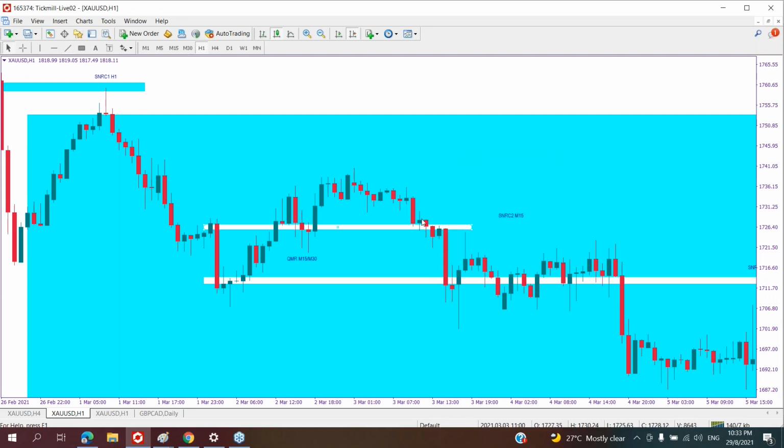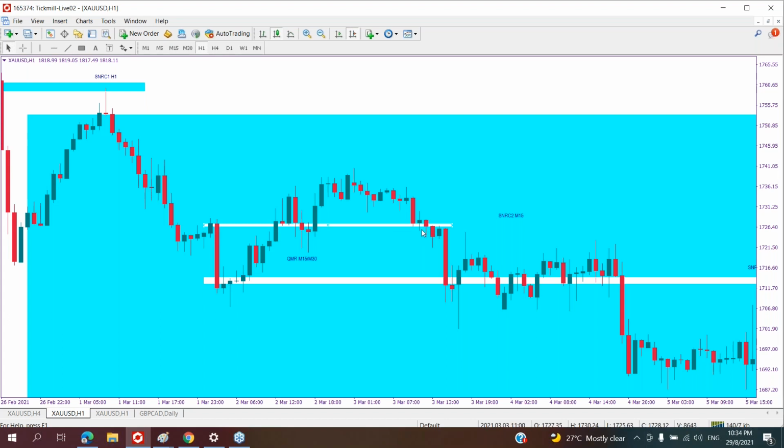Price kept going and broke my entry point. This is my entry point. For SNRC2, the entry point is the drop-base-rally, in line exactly with the resistance.